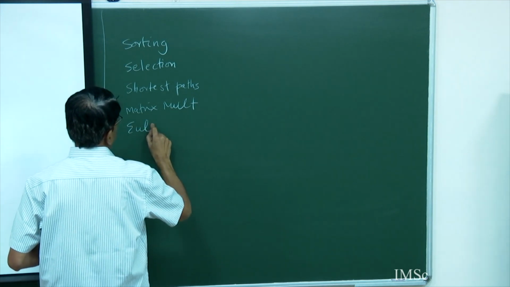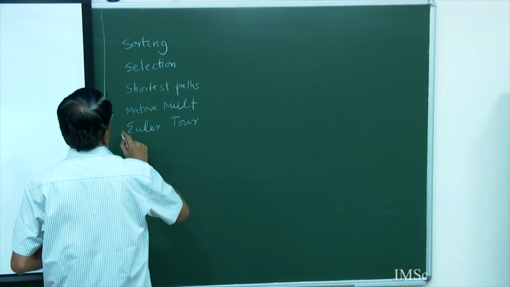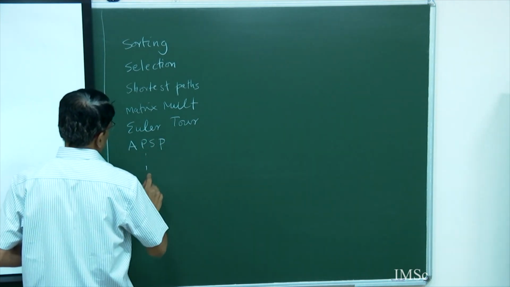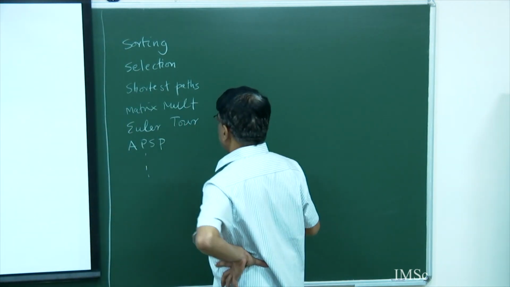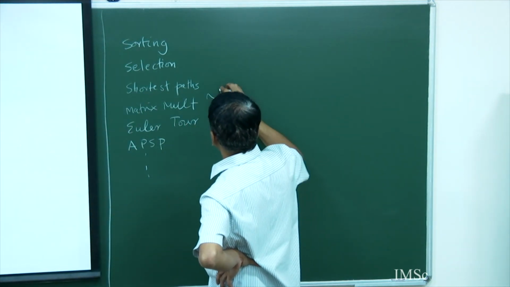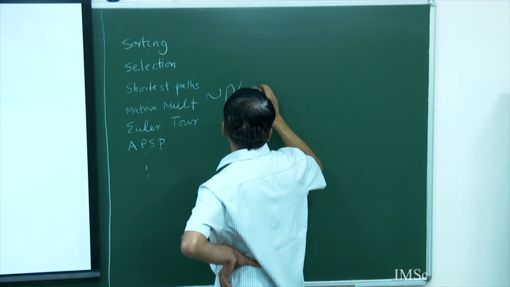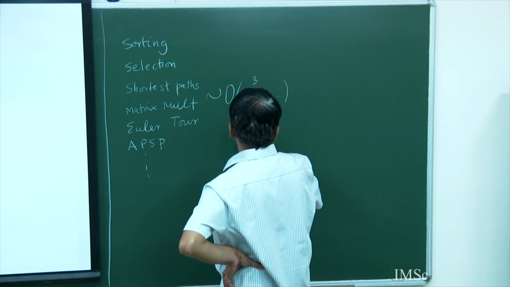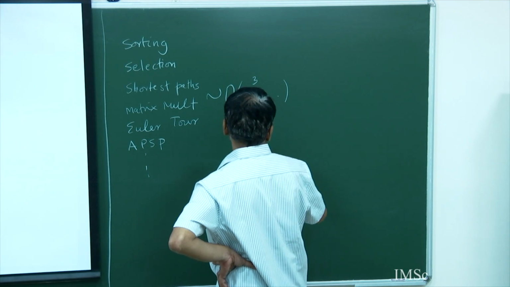Euler tour, all pair shortest paths, various kinds of problems, and looked at algorithms for them. And typically, one property for these kinds of problems is they have a running time which is like n cubed, or more precisely n to the c, where c is a constant.